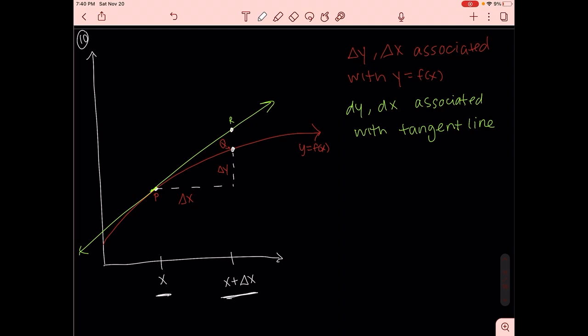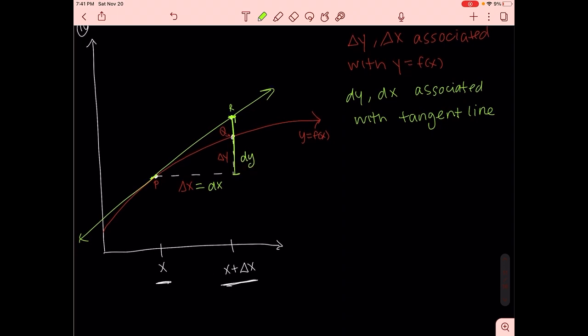And so if we're looking at what dy and dx are, we have to look at the tangent line. So we know that delta x is equal to dx, but delta y is not equal to dy. dy on this function would be equal to this segment right here, because it's associated with the tangent line.